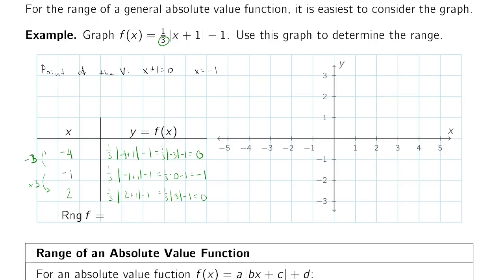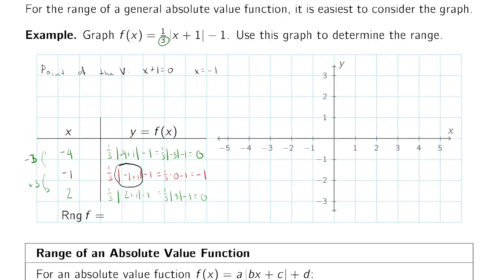And there's something I want to call your attention to about this calculation here. This absolute value part is 0 by design, right? That's why we chose x equals negative 1.